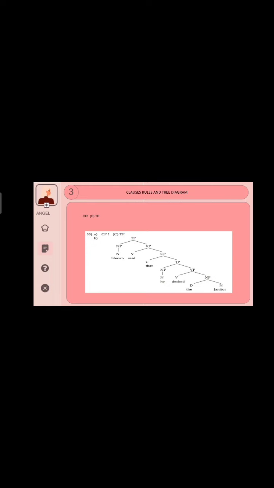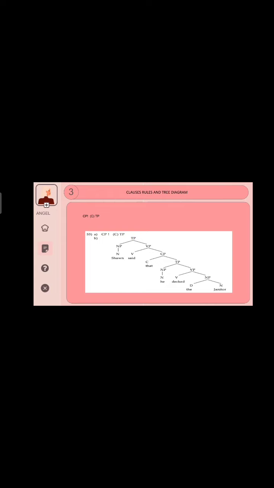So to make it as a complementizer phrase, we had "Sean said that he decked the janitor." We use "that" to combine those two clauses. So our tree diagram looks like this: TP, the tense phrase, is NP, noun Sean, and then the VP, verb phrase, is verb said, and then the CP, or complementizer phrase.